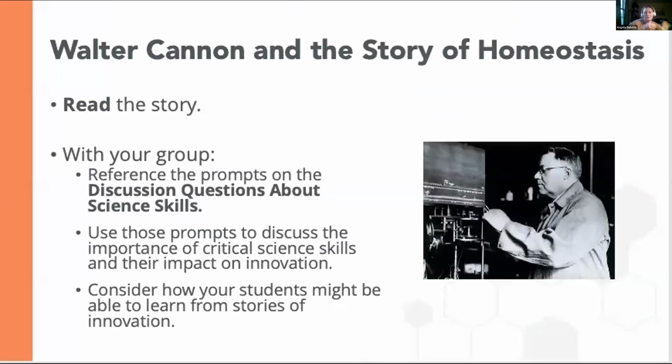There are a lot of them, so you don't need to go into all of them, but maybe there's a specific science skill that you're really trying to work on with your students and trying to spark some innovation with them. Then consider how your students might be able to learn from stories like these about innovation and creativity. Okay, so we'll send you into a breakout room.